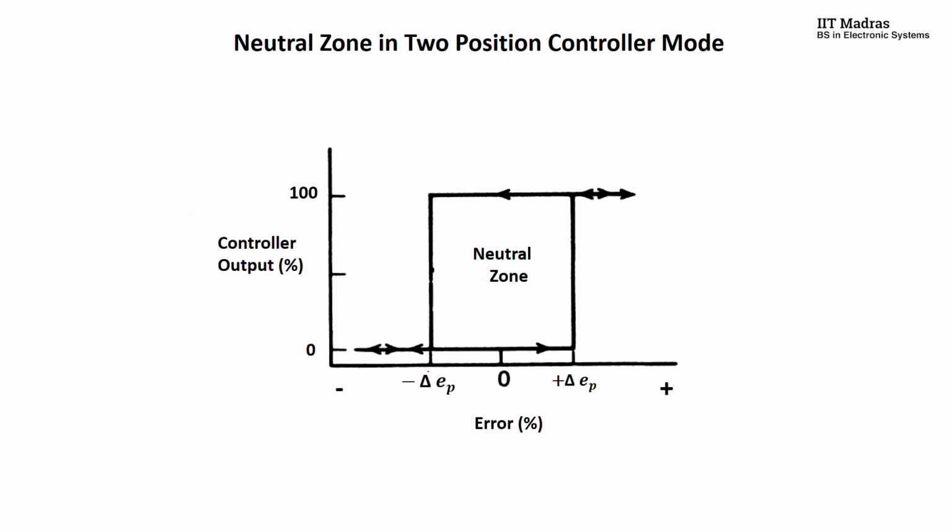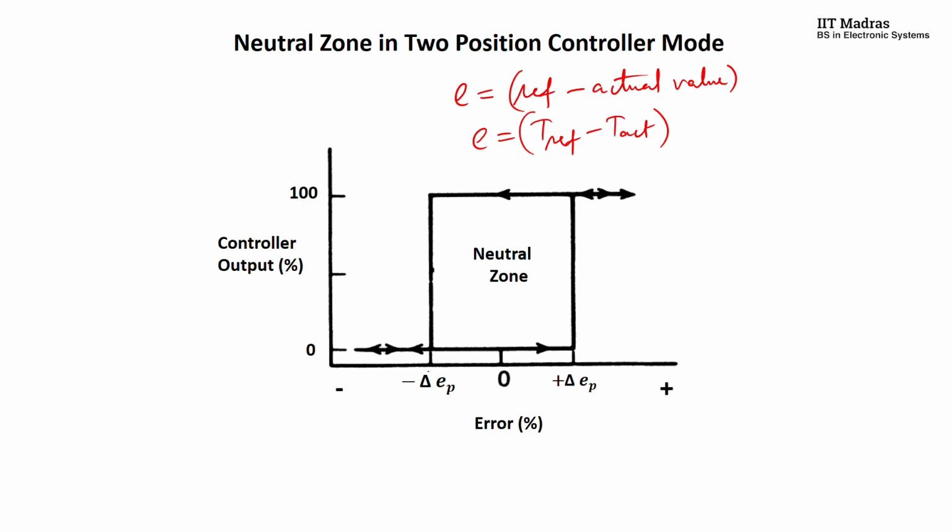There is a problem with this approach. Say the error is reference minus actual value, which is the expression to calculate the error. Now let's say the error is the reference temperature minus the actual temperature. The actual temperature is the temperature of the water, and the reference is the set point of the heater.